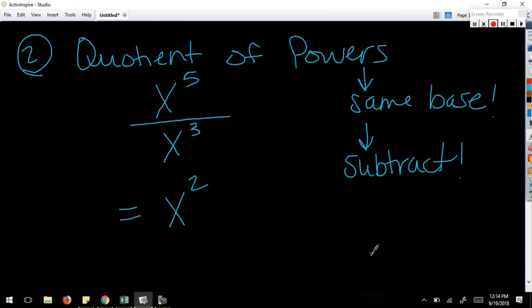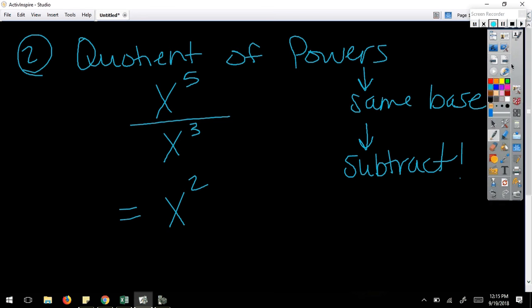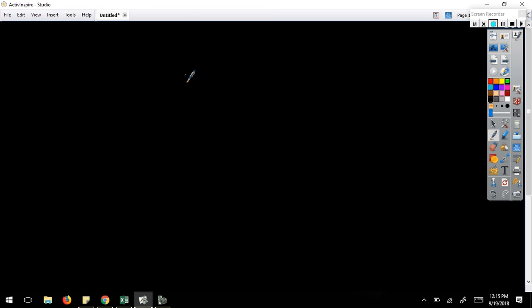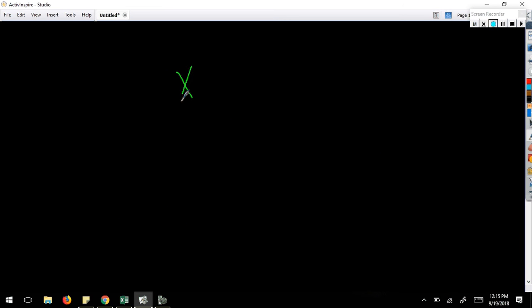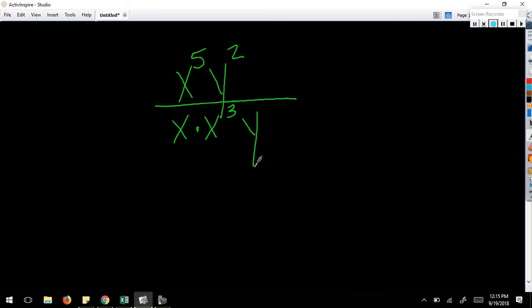By the way, let me show you an example now that we've done 2 of how we might put two properties together. If I had x5 y2 over x times x3 times y.